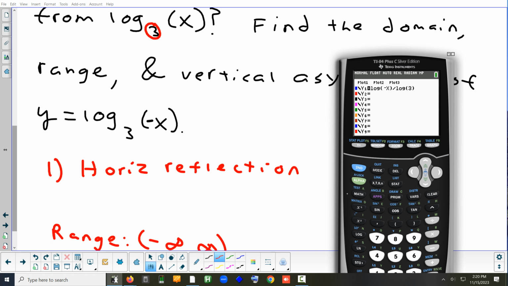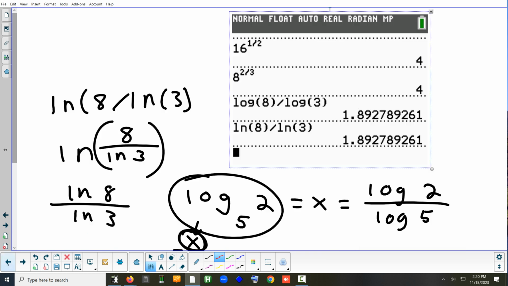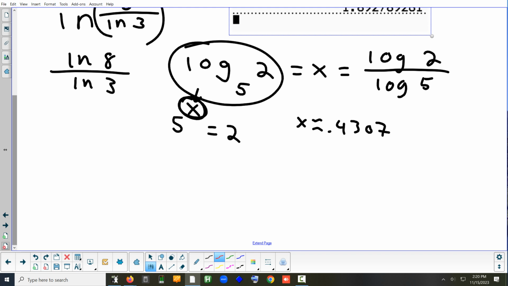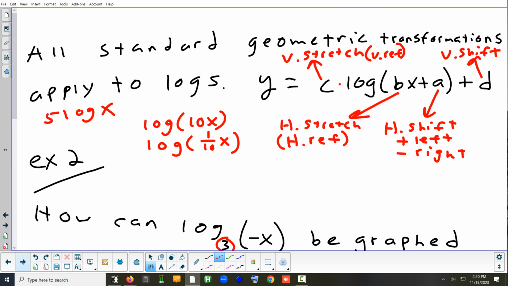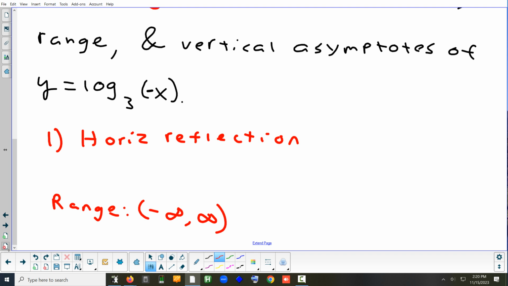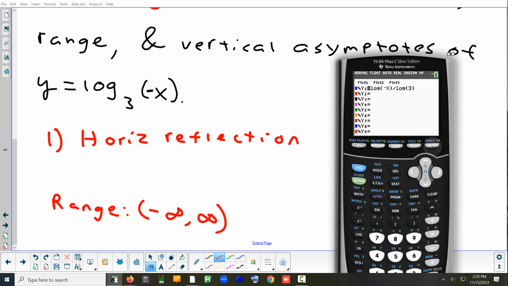It's going to reflect it horizontally. So before, it looked like that. This one is going to look like that. It's going to go the other way. Let's try it and let's see. So make the x negative.